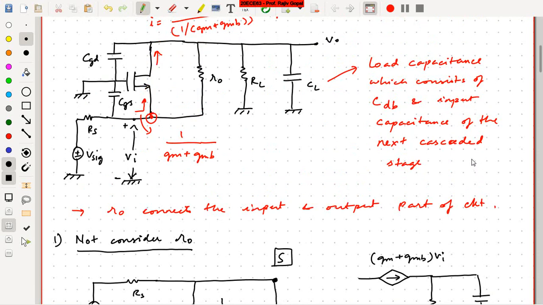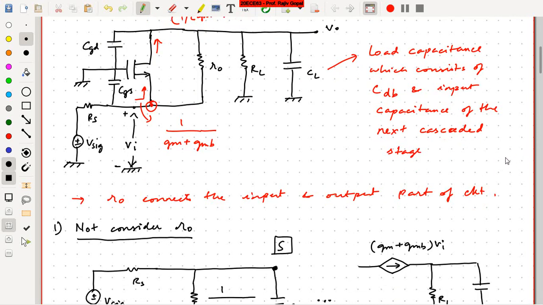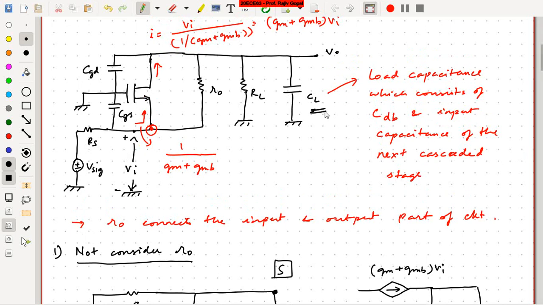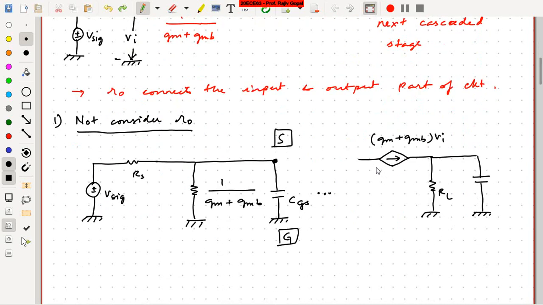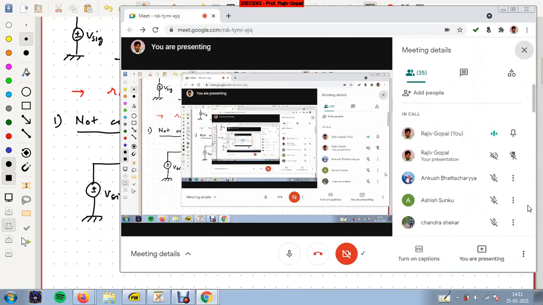Similarly, CGD also has one end connected to ground, right? So CL and CGD are actually in parallel together. So the equivalent capacitance would be the addition of them, so it will be CL plus CGD.